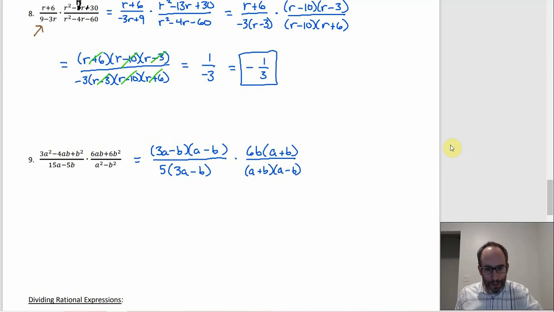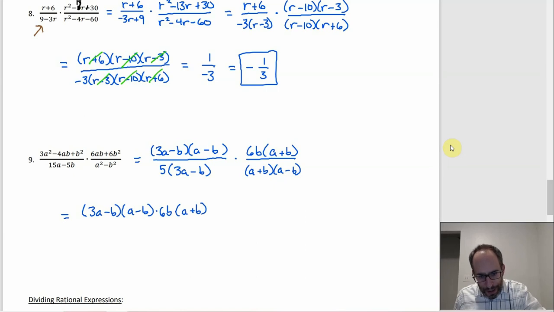All right, once again, you can turn this into one gigantic rational expression, multiplying the numerators together and multiplying the denominators together. So 3a minus b times a minus b times 6b times a plus b. And that's going to be over 5 times 3a minus b times a plus b times a minus b.